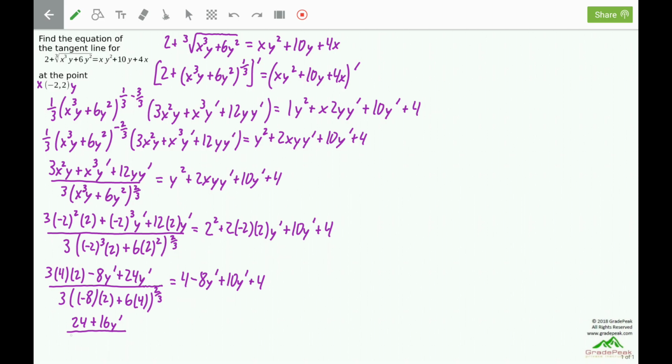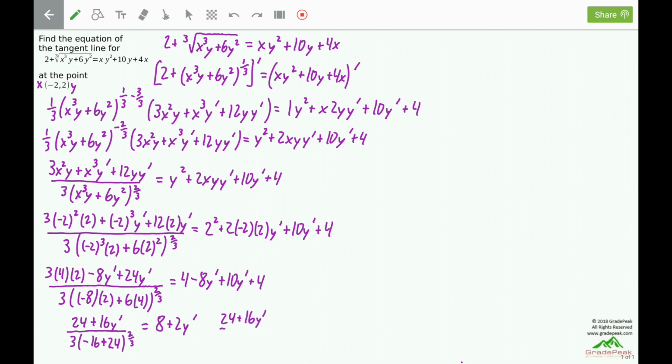And then in the denominator, we will have 3 times negative 8 times 2 is negative 16, plus 6 times 4 is plus 24, and that entire thing is to the 2/3 power, equals to, on the right side we can add the 4's together. 4 plus 4 is 8, and a minus 8 y prime plus a 10 y prime is a positive 2 y prime.